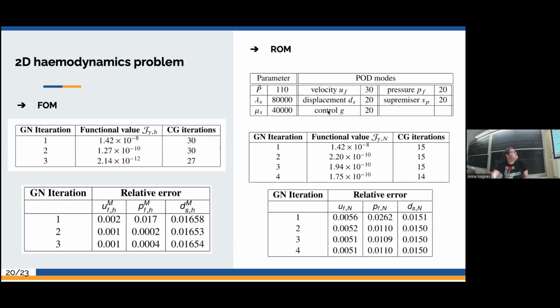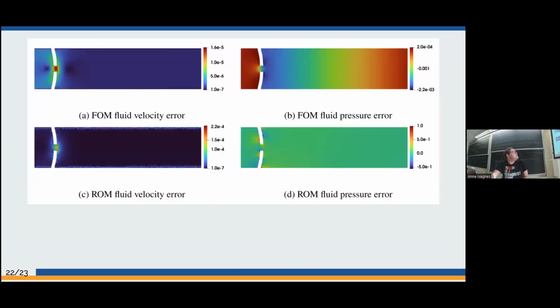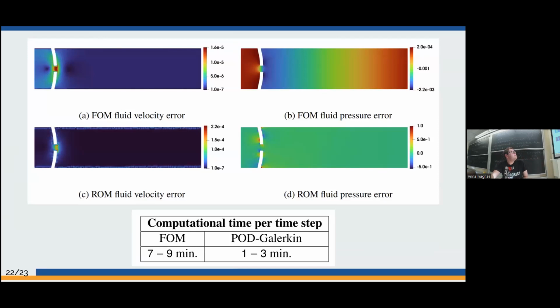And when we're comparing the errors, what you have on the top is the error for the full order model with respect to the monolithic solution, at the final time step.